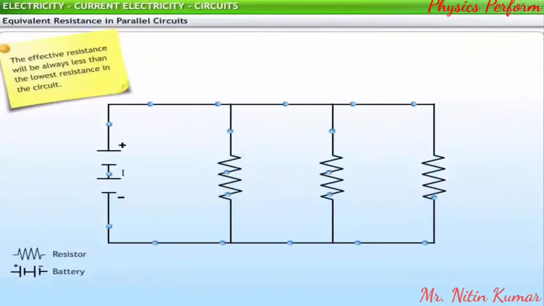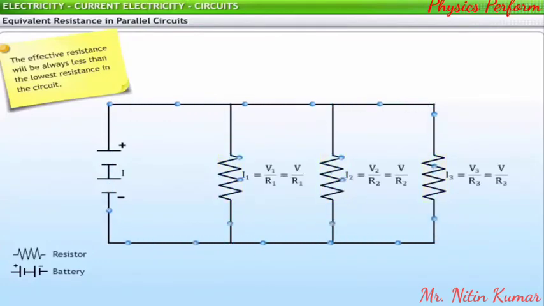Let the equivalent resistance be R. As you saw earlier in series circuits, you can calculate the amount of current flowing through each resistor as the ratio of the voltage drop across that resistor to the resistance of that resistor.